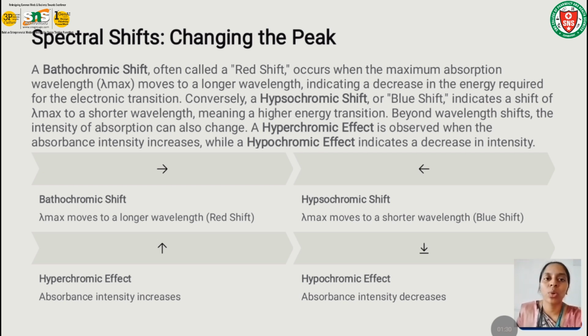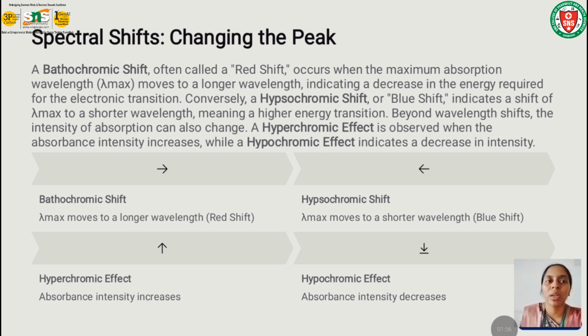Here in hypsochromic shift, we need our compound to be a saturated one, and it will not have any substitution groups. So either by dealkylation or by hydrogenation reactions, that is desaturation reactions, our compound can be converted into one which can give rise to a hypsochromic shift, that is blue shift.